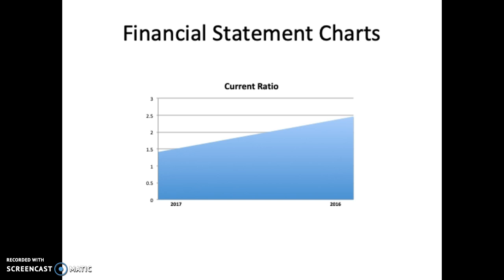The way current ratio is found is by comparing the current assets of a company to their current liabilities. So basically, you would divide the current assets by the current liabilities, and like I said, the higher the current ratio number, the better off the organization is. So we were also seeing a downward trend there as well.